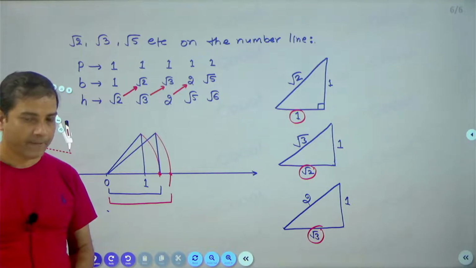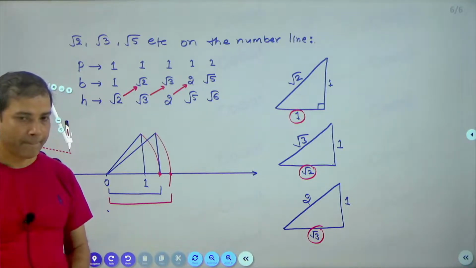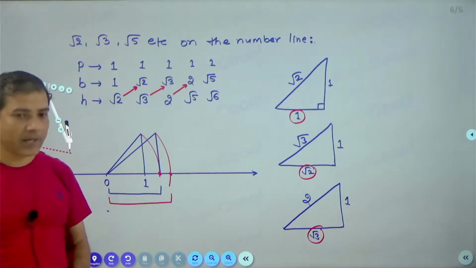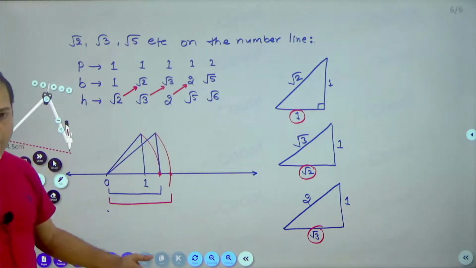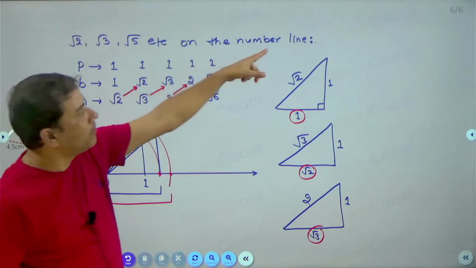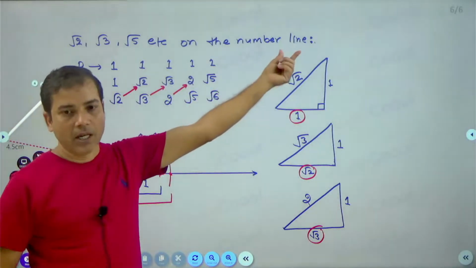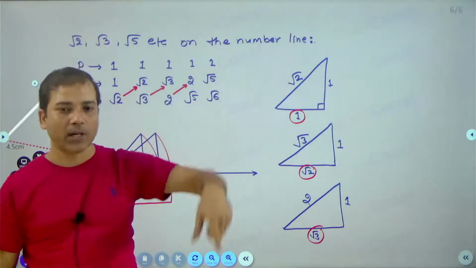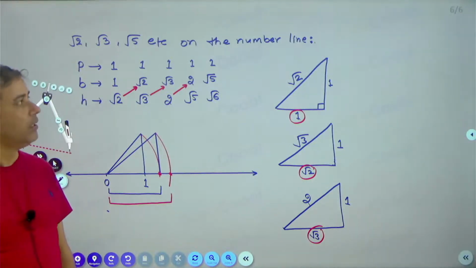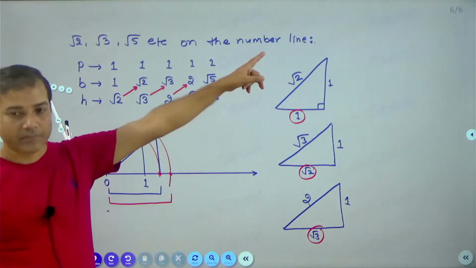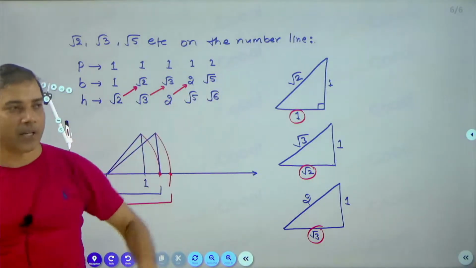Yes, like make it a spiral. Yeah, spiral. You are talking about spiral. Yes, we can draw it. That is another thing. Presently, we are showing it on the number line. That is a spiral you are talking about, right? I am talking about line. I will show you a spiral later.